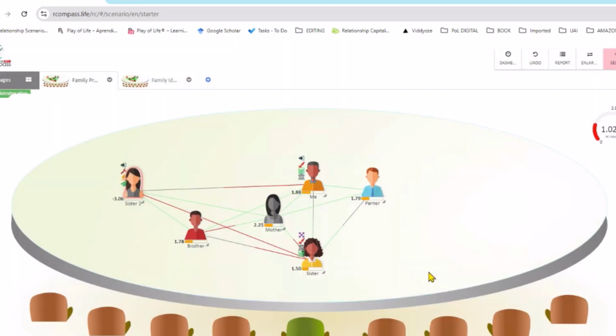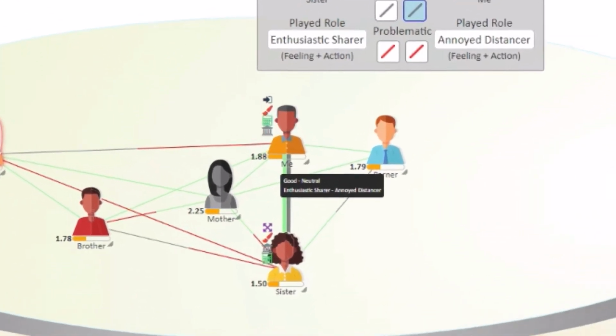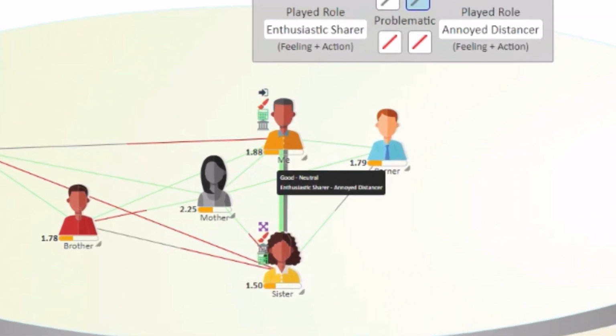So you have something very interesting. She is extroverted, and you're introverted. You said in the relationship she's an enthusiastic sharer. Do you feel that sometimes she's over the top for you? Yes, exactly, because she's different. So you said, this is too noisy for me, I'm an introvert.